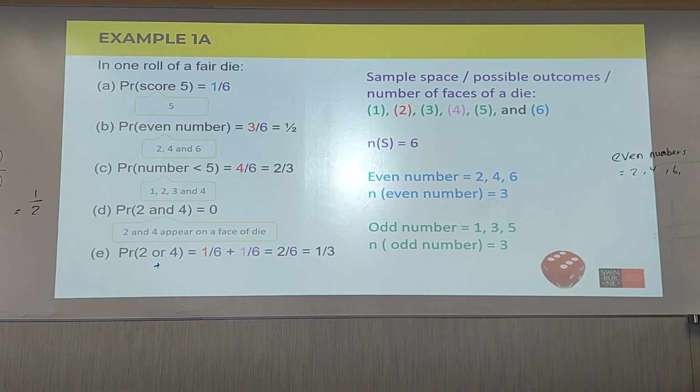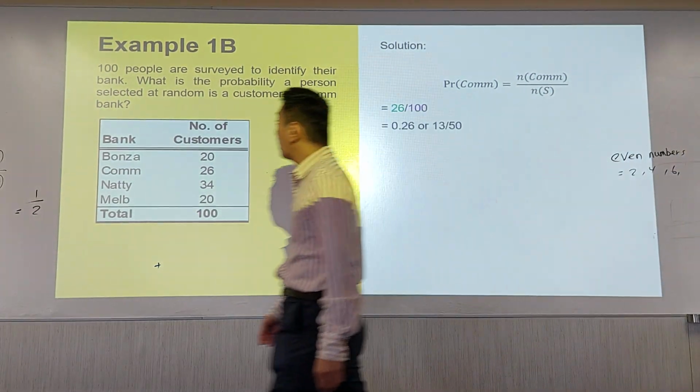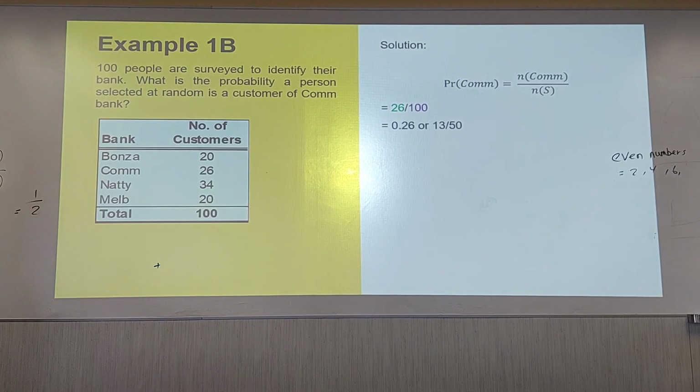Okay, all right, next. This example consists of survey data among 100 samples chosen to identify the preferred banks.